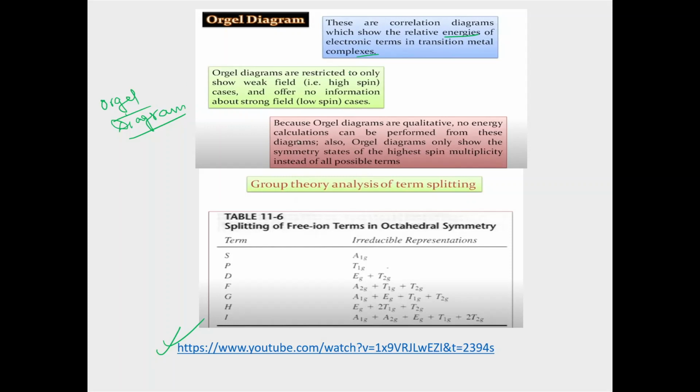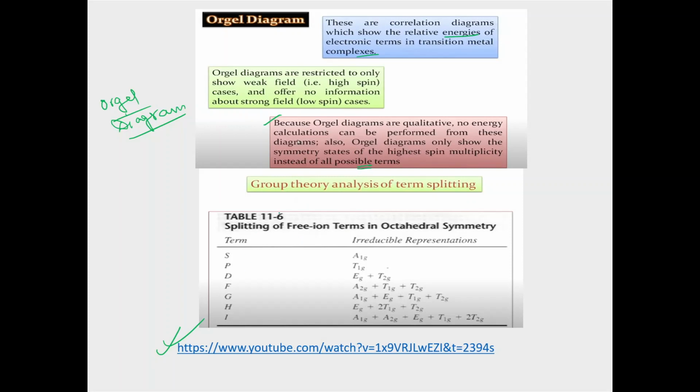They are restricted to weak field, that is high spin cases, and offer no information about strong field, low spin cases. Because Orgel diagrams are qualitative, no energy calculations can be performed from them. Also, they only show the symmetry states of the higher spin multiplicity instead of all the possible terms.